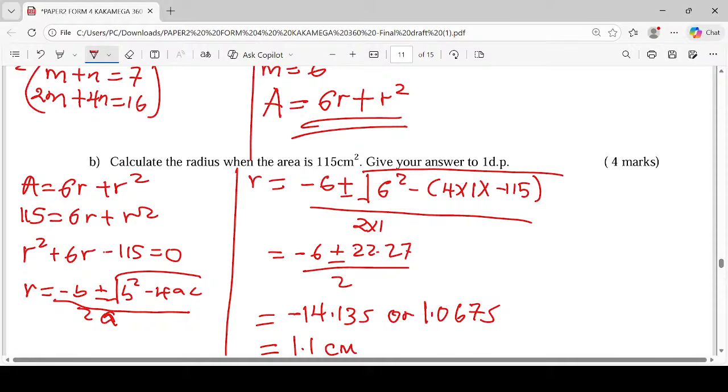Now negative 6 minus 22.27 is negative 28 divided by 2, that is negative 14. That's well understood. Oh my God, how did I work out this part? Negative 6 plus 22.27, then divided by 2. Oh my God, and I've seen where I went wrong.